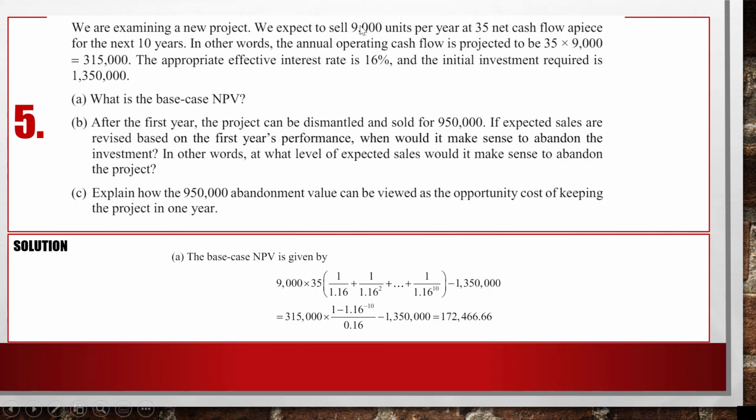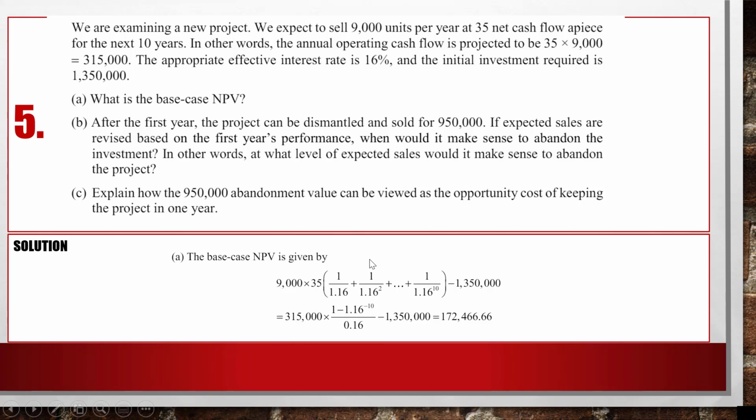Here at time 1, we got 9,000 times 35. That is the cash flow at time 1. And the present value of it should be 9,000 times 35 times 1 over 1.16 because 16% is the effective interest rate.